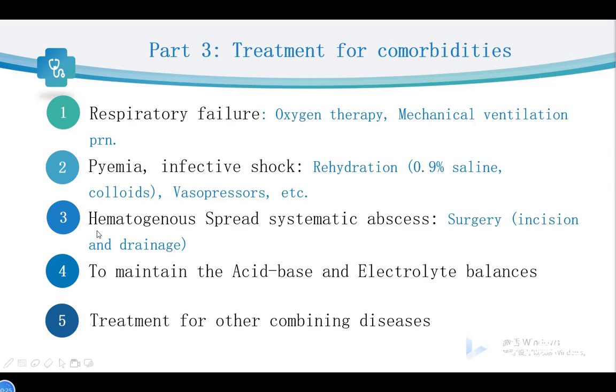And if a hematogenous spread systemic abscess occurs, incision and drainage of the pus is necessary. And do not neglect to maintain acid-base and electrolyte balance for the patients. Now that's the first step, the initial therapy for the patient.